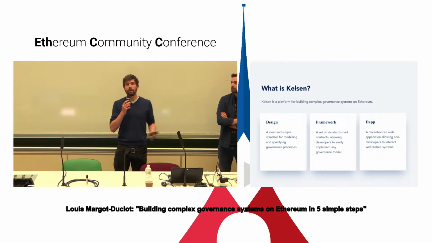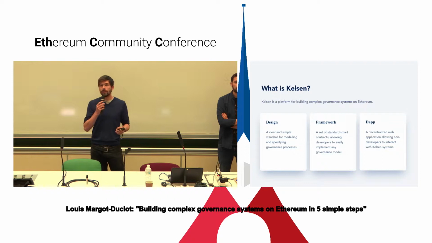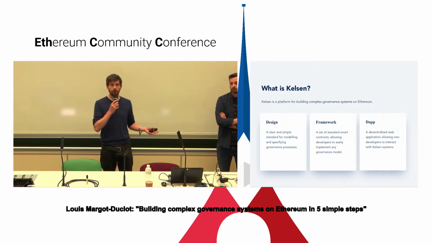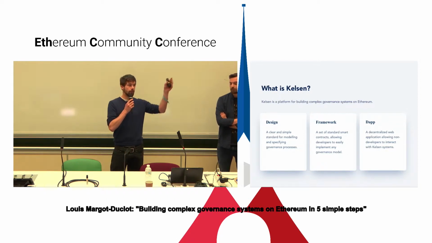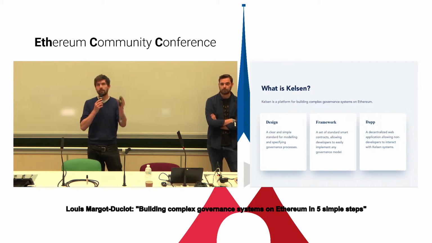And the third thing we did with Kelzen was to build an interface that helps you interact with the smart contracts you deployed, so that you can first design your organization, then deploy it, then interact with it.